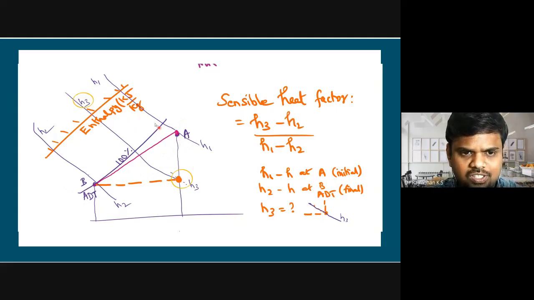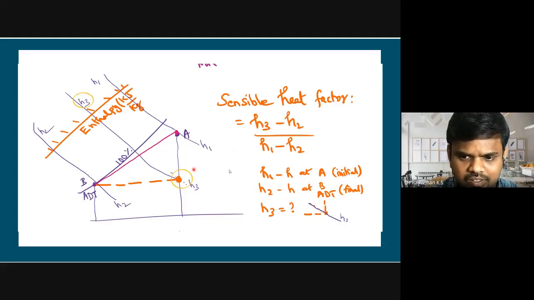H1 is the enthalpy of the initial point, H2 is the enthalpy of the final point, and we have H3 which corresponds to the sensible line. Okay, so the horizontal line is sensible, so you can draw an imaginary line. So the point corresponding to it, what is the H3 value? So H3 minus H2 divided by H1 minus H2 is called the sensible heat factor.